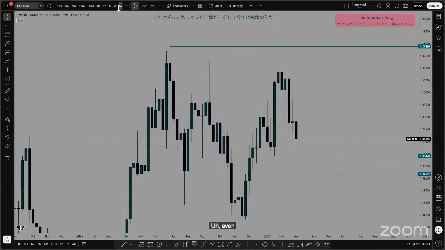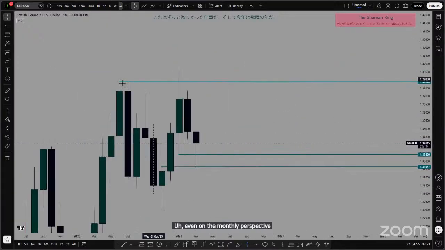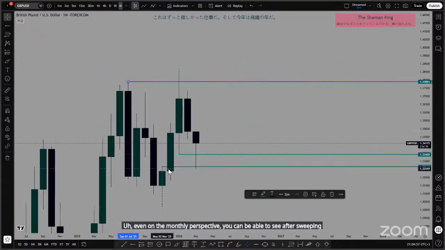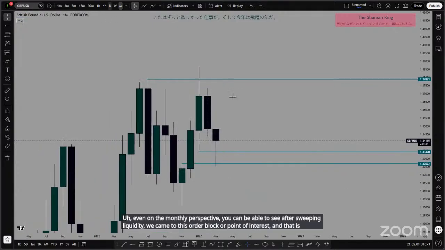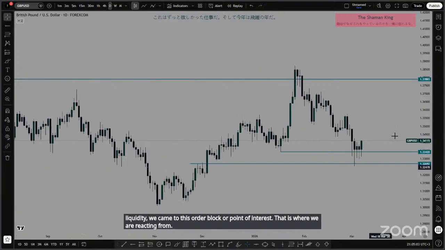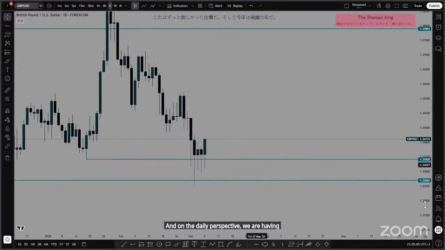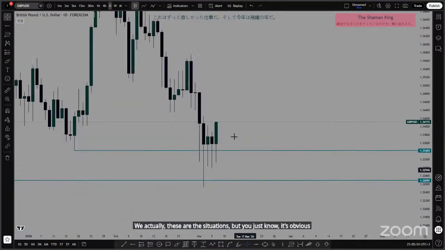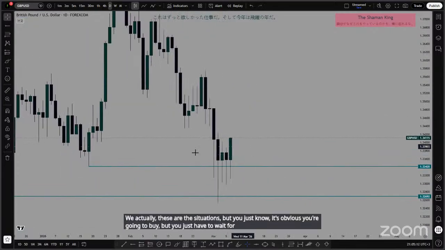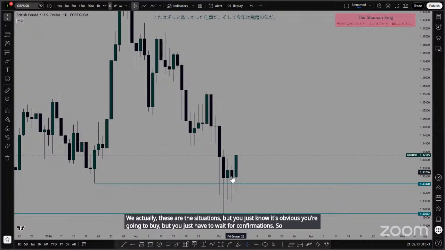Even on the monthly perspective, you can be able to see after sweeping liquidity, we came to this order block or point of interest, and that is where we are reacting from. And on the daily perspective, we are having the same thing. These are the situations where you just know it's obvious you're going to buy, but you just have to wait for confirmations. So the same thing.